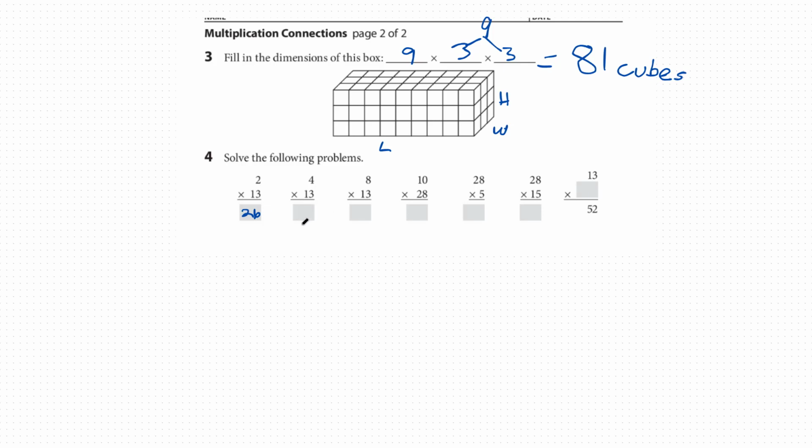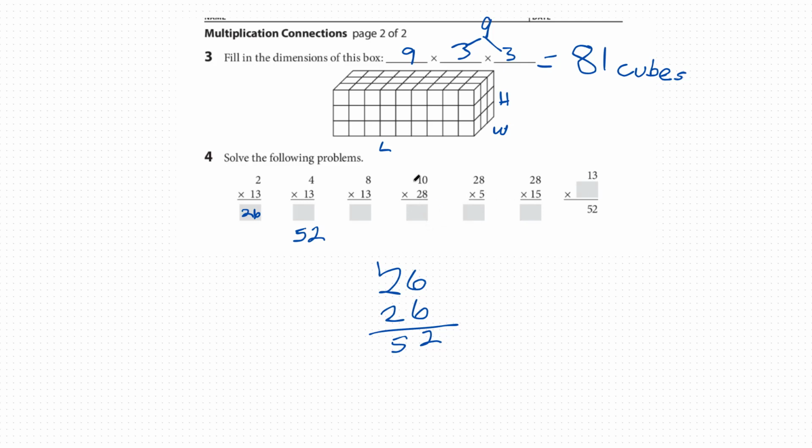So 52. Just kind of have to think of 26 plus 26. And in my head, I'm thinking, okay, that's 52.